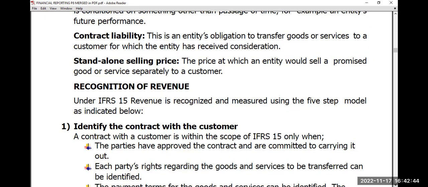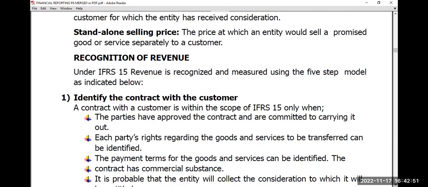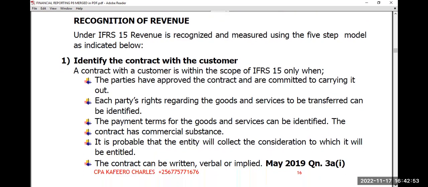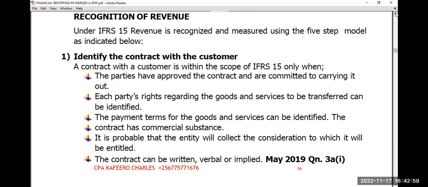We can resume to determining, we try to look at the recognition of revenue. We said this is mostly the item that has been introduced, that is a bit different from what you used to account for the revenue.